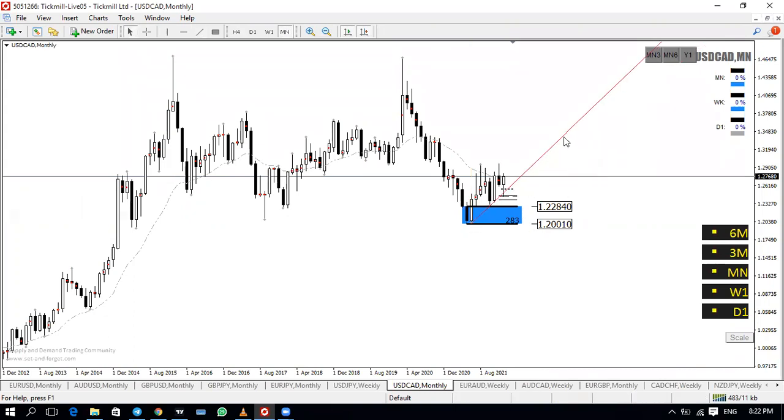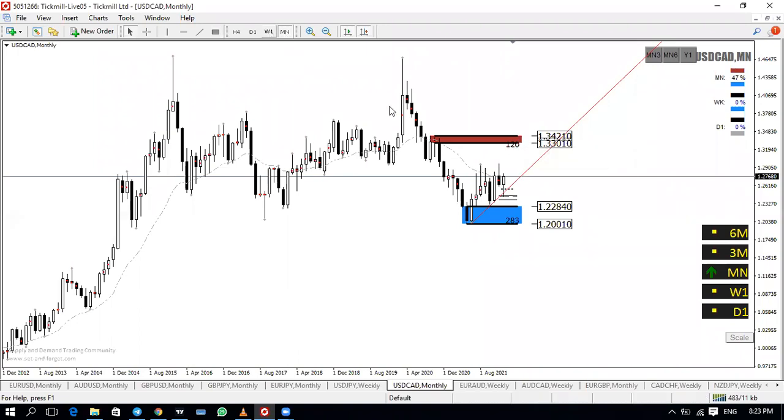So we are in a bullish market. As you can see here in your dashboard, the monthly time frame is bullish, is up. So any selling opportunity on the lower time frame is a counter trend or retracement, even a pullback.